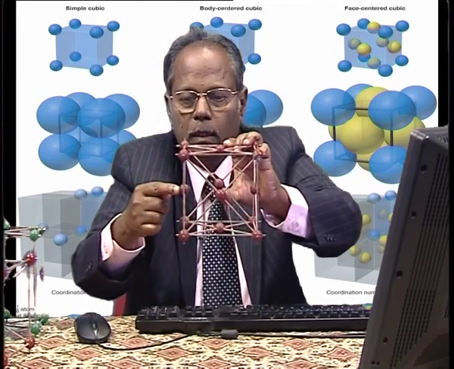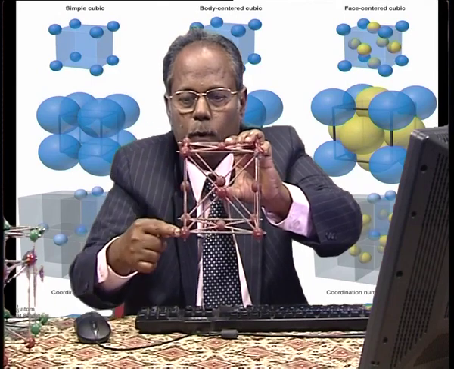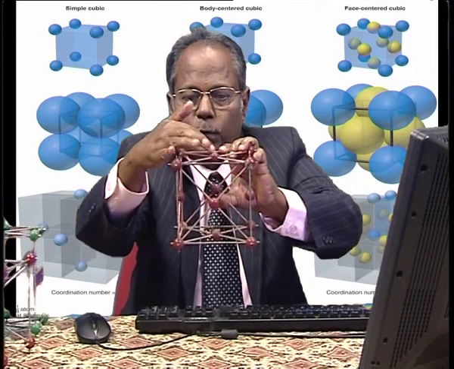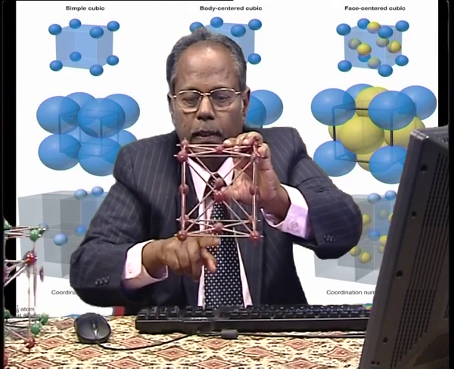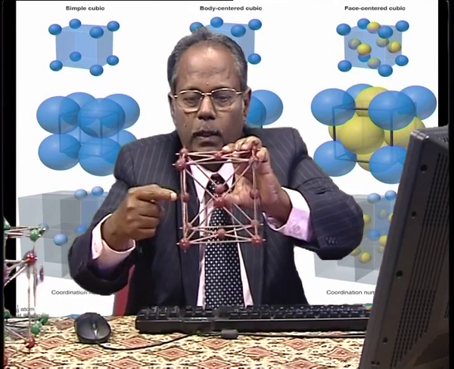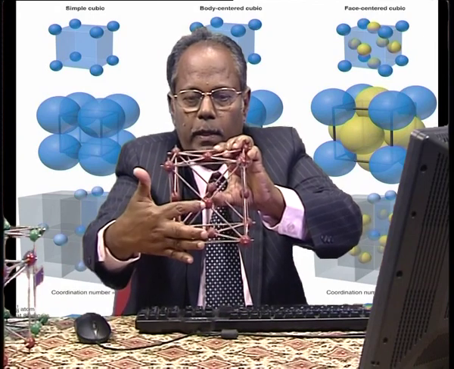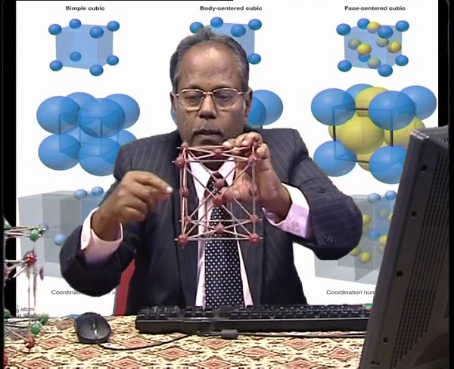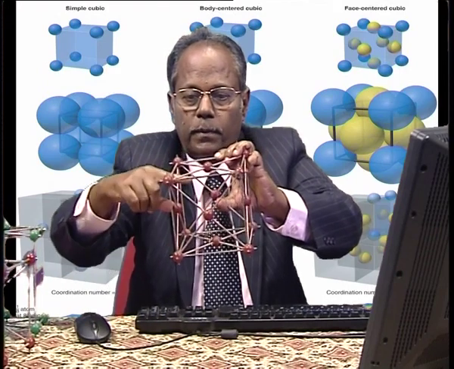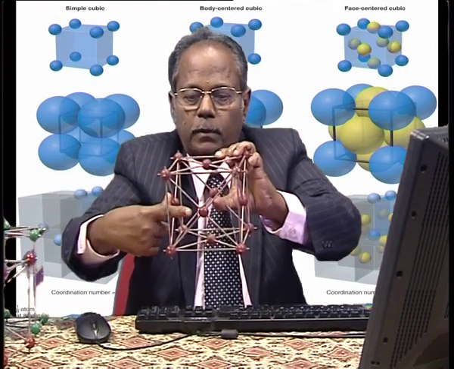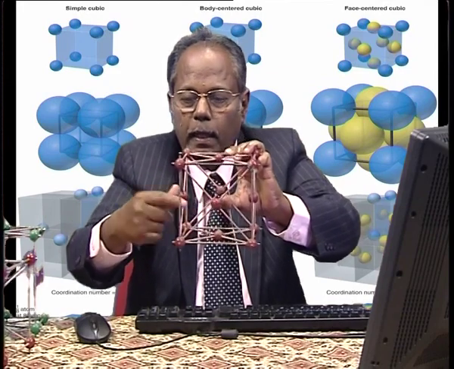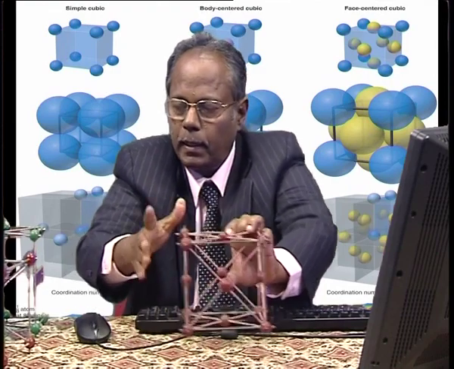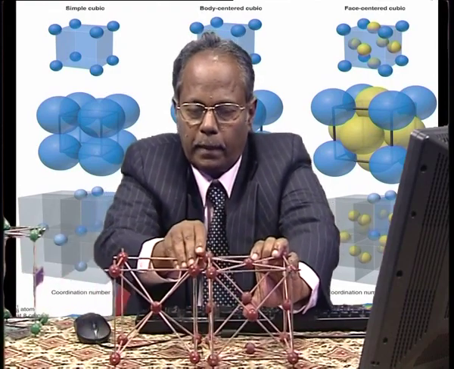This is the origin. In the same plane you have 4 atoms. Then there are 4 face centers. This is the origin, there is 1 here, 2 here, 3 here, 4 here, and all of them will be equidistant. This distance as well as this distance and this distance will be the same. The important thing is that there will be an adjacent cell, adjoining to that there will be another cell here.